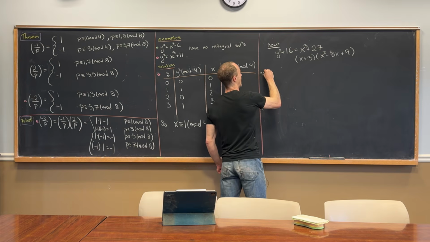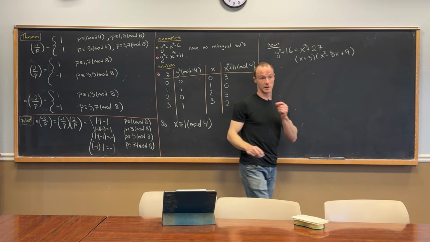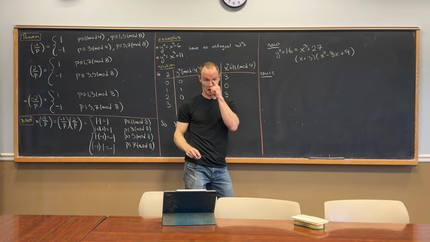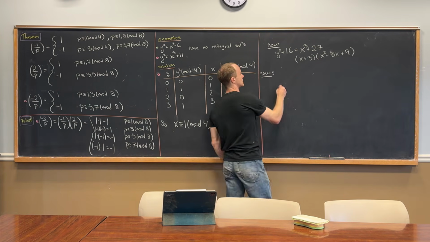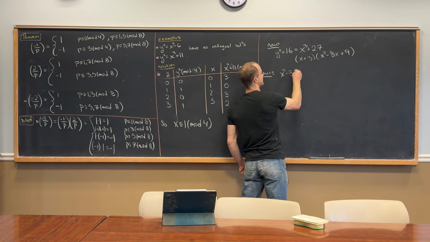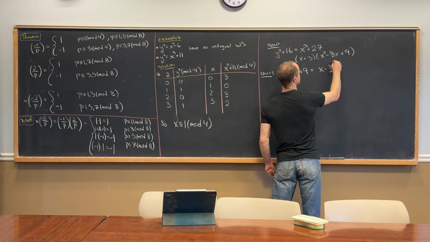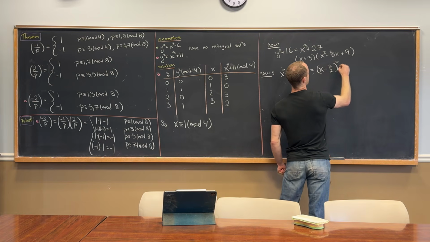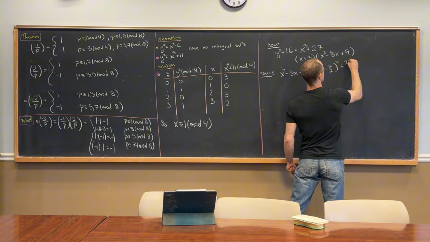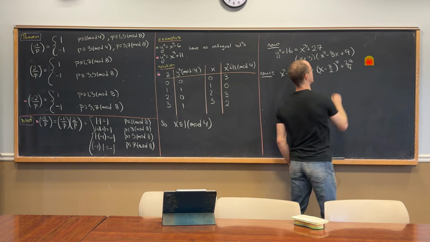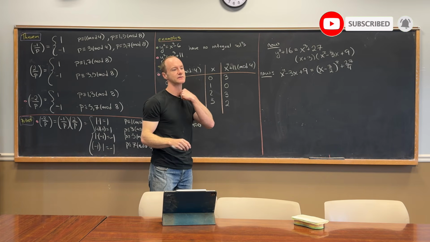Now, we want to make sure this is bigger than 1. Which one? x plus 3? Or this one? So look, x squared minus 3x plus 9 is the same thing as x minus 3 halves squared plus 27 over 4. You'll believe me, just by completing the square, that's what you get.